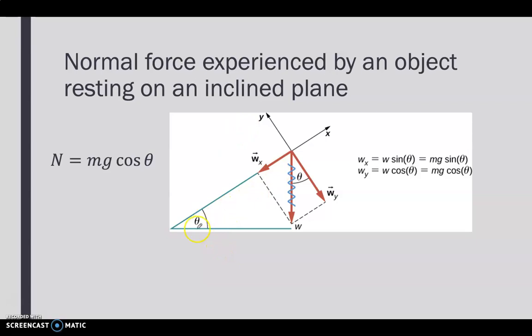The normal force is calculated as mg cosine theta, because it's going to be equal and opposite to the y component of the weight. This is just a diagram showing you the trigonometry behind that idea. Again, our normal force would be in this direction.